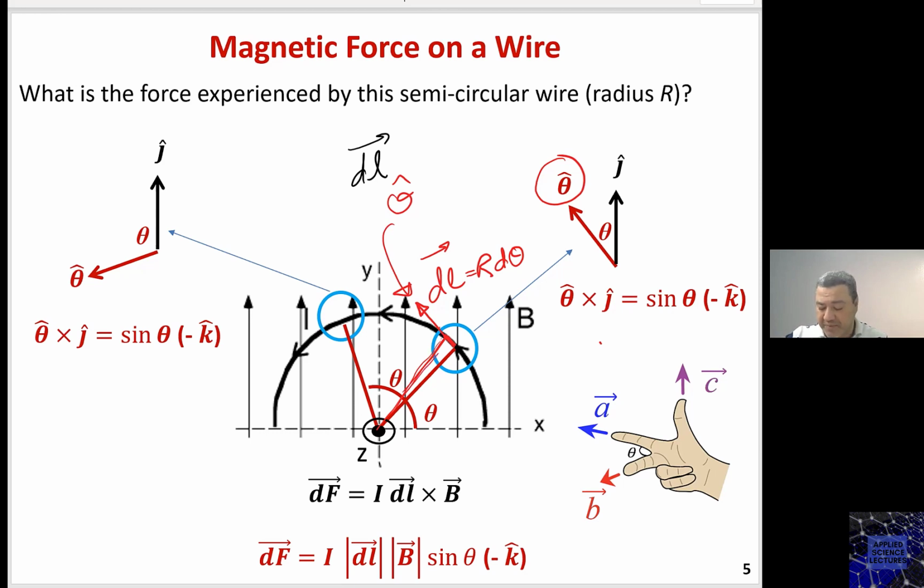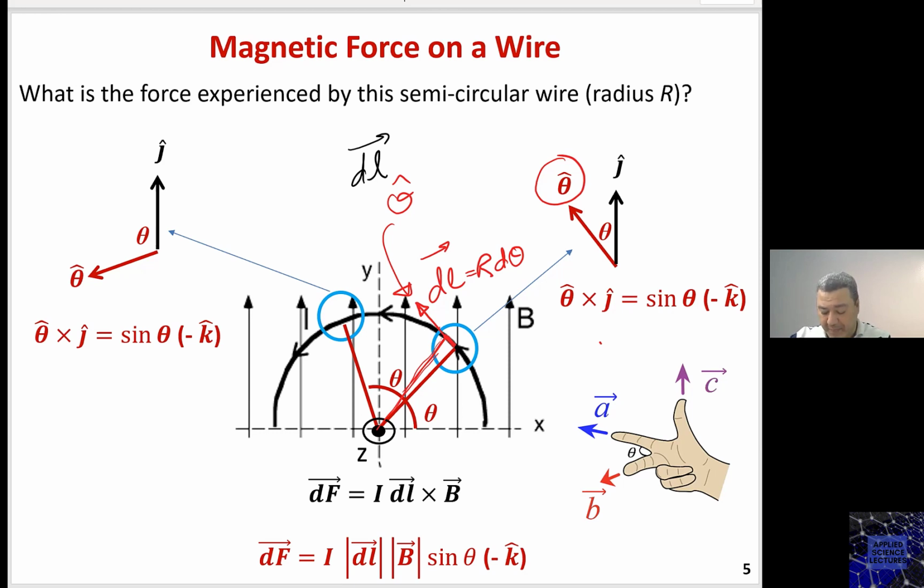This unit vector theta hat is going to make an angle of theta with the j hat. So now if I take the cross product of those two unit vectors, as you can see, the angle is varying as well. So the angle is not constant, the angle is varying.